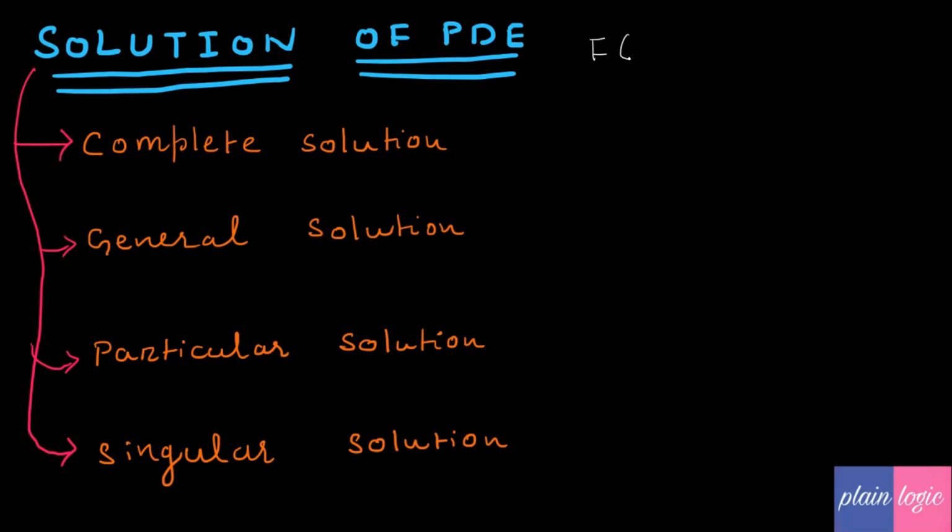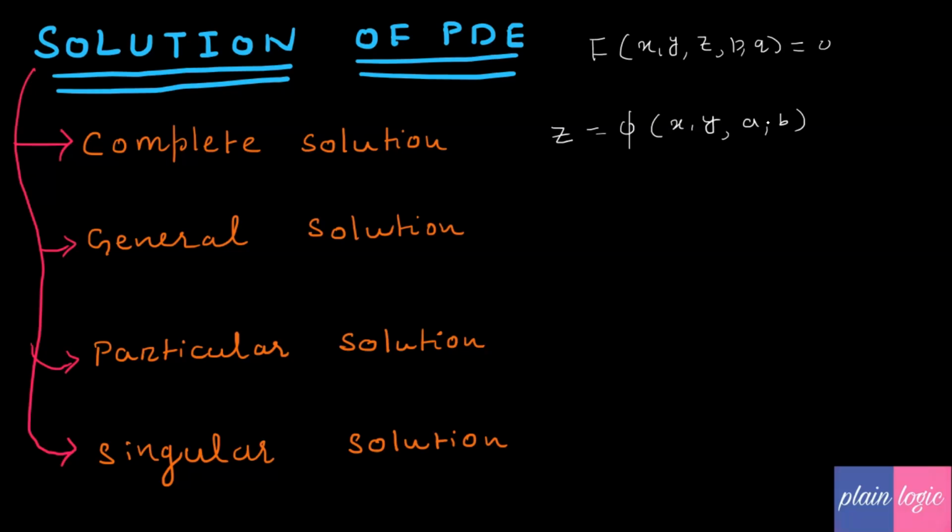So keep in mind that if you have a function of x, y, z, p, q is equal to 0, then we say a solution z, because z will represent something in terms of x, y, some arbitrary constants a and b. In that case, we say this z is a complete solution. It is called a complete solution because it completes all the spaces of x, y, a and b.